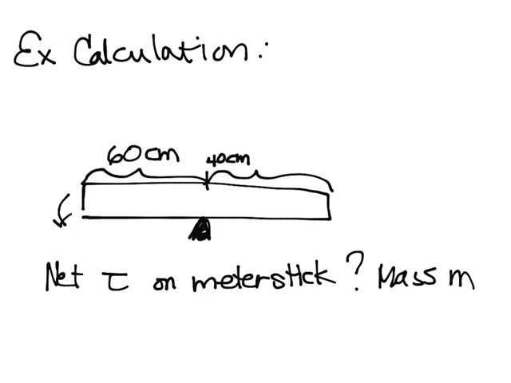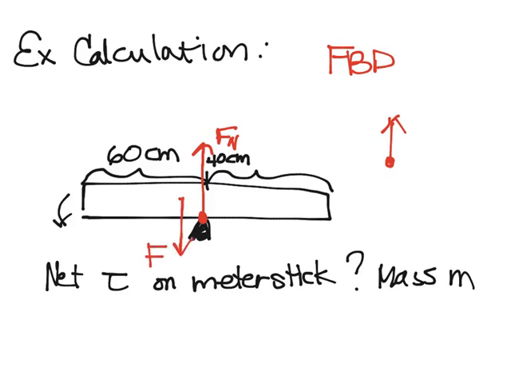Okay, we know that we have a couple forces acting on our meter stick. So if I was to draw a free body diagram, I have Fn from this pivot thing, coming up right here, and then I have Fg. It's coming from everywhere, but it balances out to come from the middle of the meter stick.